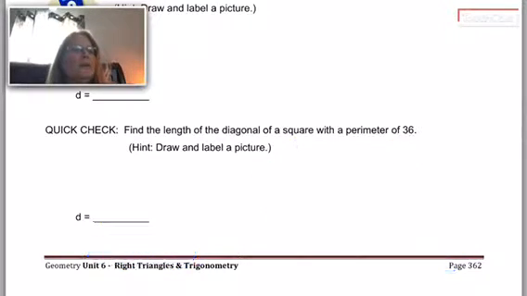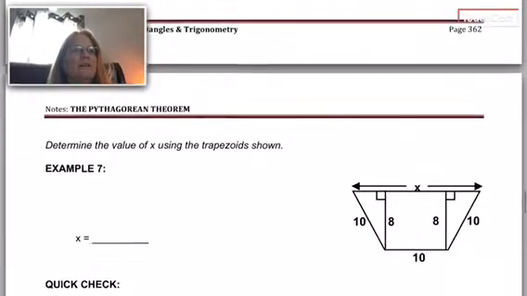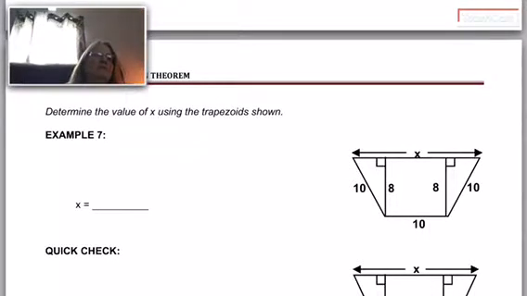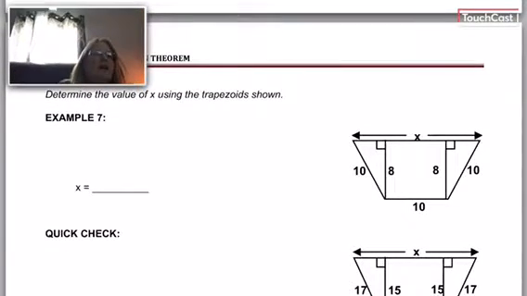Okay, just a couple last problems here. Okay, example 7. This is a trapezoid, and we'll talk more about trapezoids in the coming weeks. But right now, we just see that x is this whole length of this side. Okay, and so we see that this is going to be a rectangle here in the middle because of our right angle.